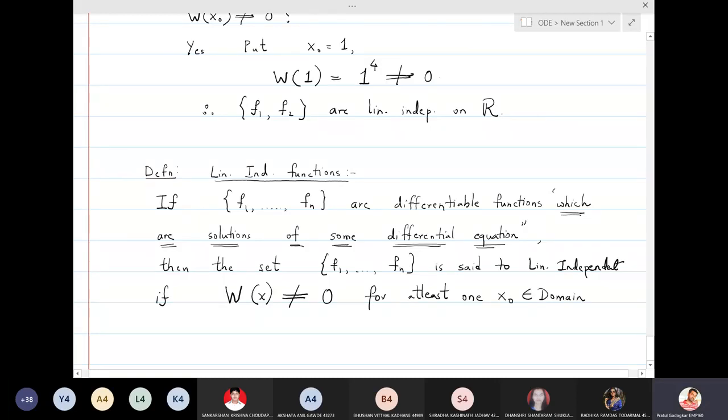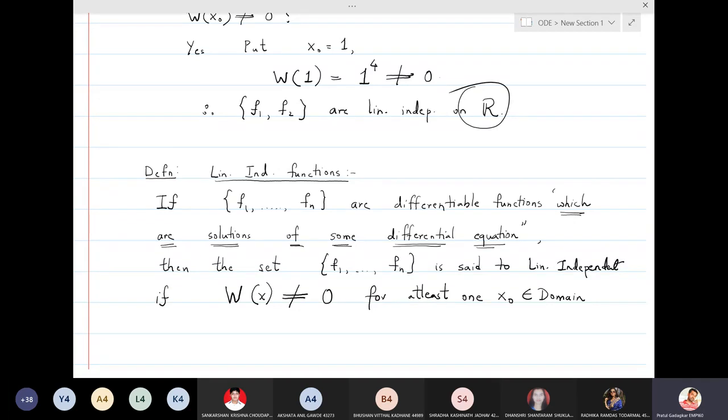In the previous example, what was our domain? Our domain was R. I will repeat. I will take functions f1, f2, fn which are differentiable, and we will see later that these functions must be solutions of some differential equation. That we will look at in the next section.